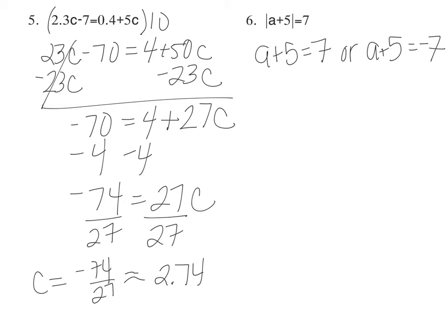So to find what a is, we solve each equation separately. Subtract 5, so a is equal to 2, or when I subtract 5 here, a is equal to negative 12. And when I go up and look at my original equation, I say negative 12 plus 5 is negative 7. The absolute value of negative 7 is 7.